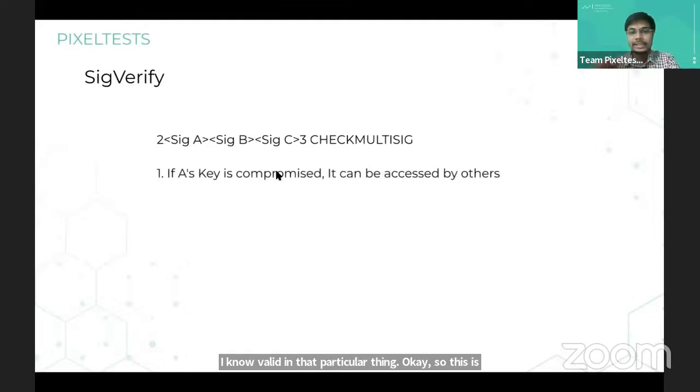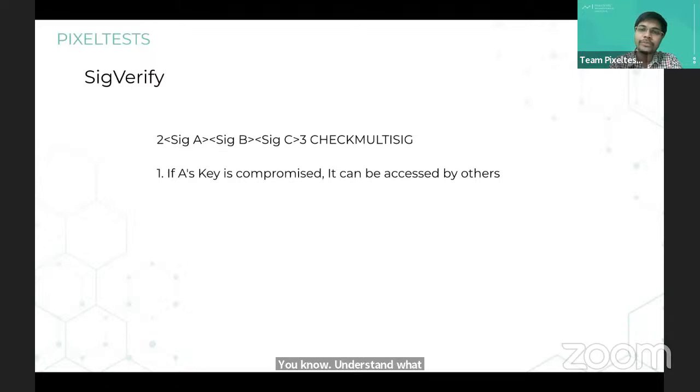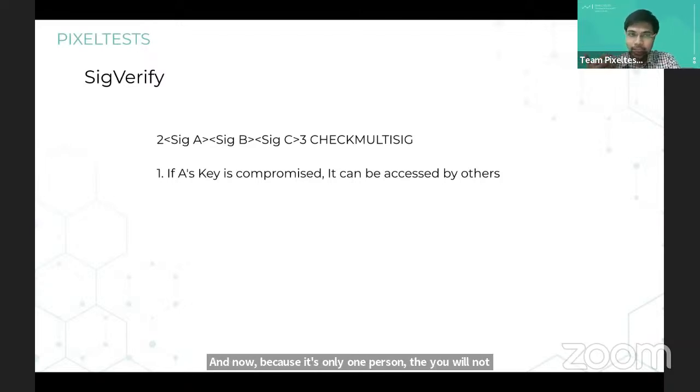So if A's key is compromised, for example, A's key got revealed to some person who is tapping the wire or trying to understand what is happening in the transaction, because it's only one key, the hacker will not be able to get the amount.